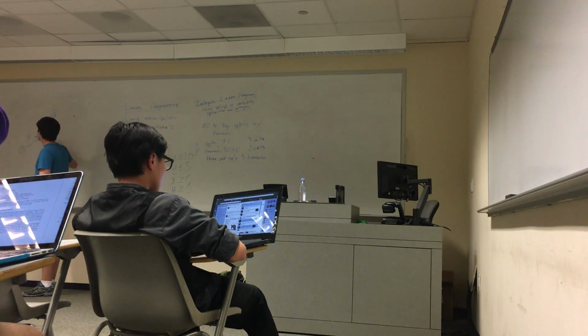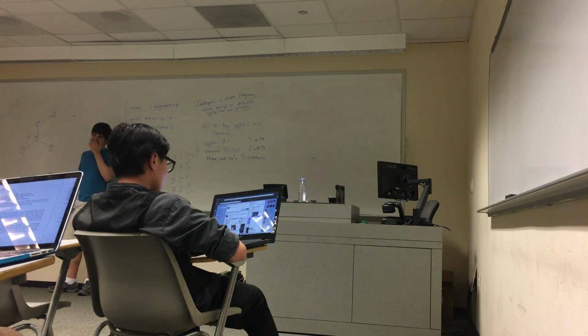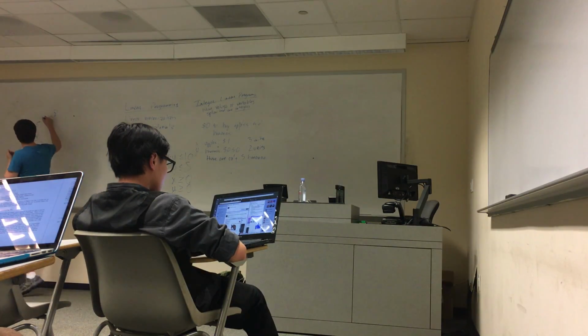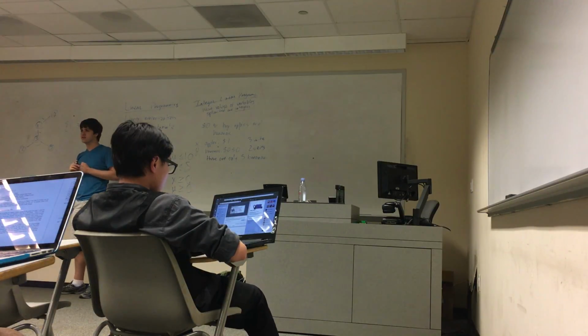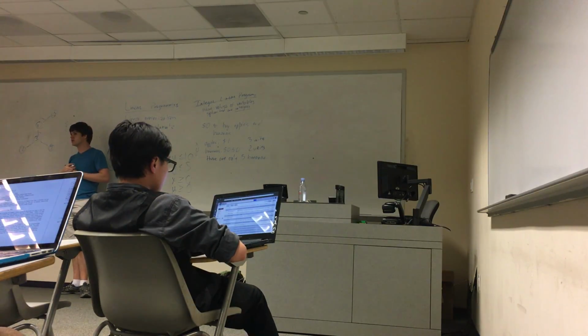So if you have this graph, which nodes would be the minimum dominating set? Or name a set of nodes that is a minimum dominating set of this graph. 1 and 3. So yes, 1 and 3 is a minimum dominating set. Or minimal dominating set. Is there another set of nodes that you could use that would work?